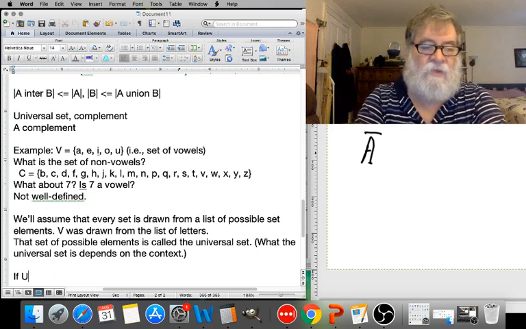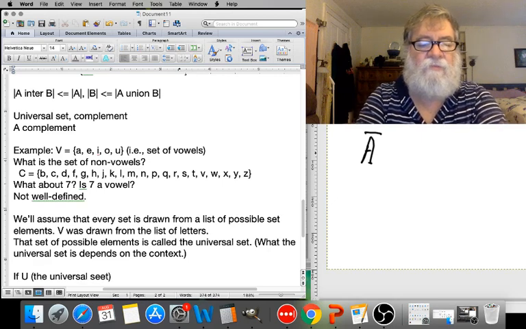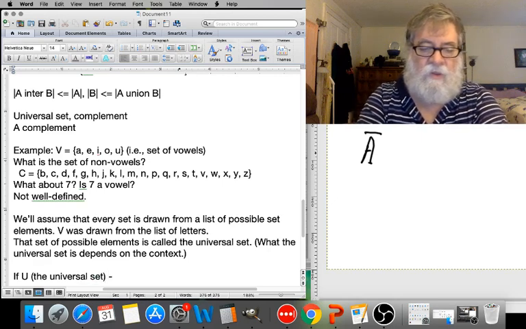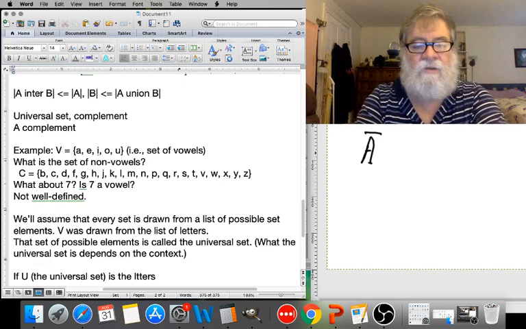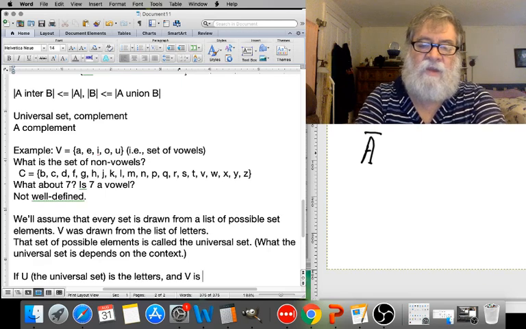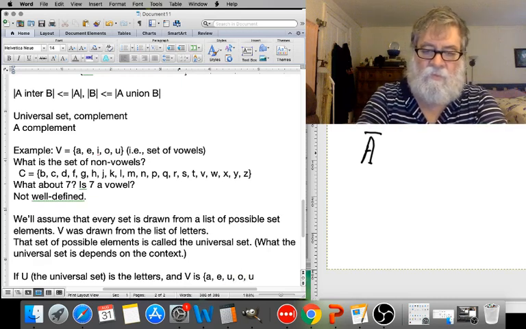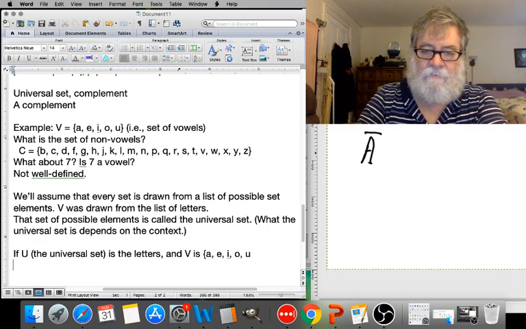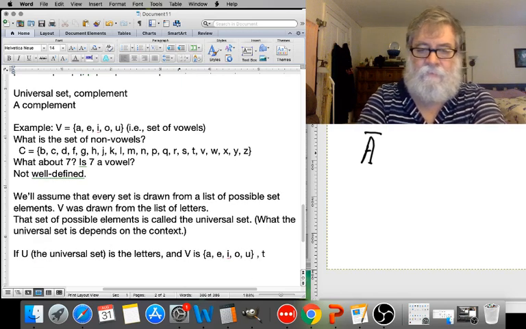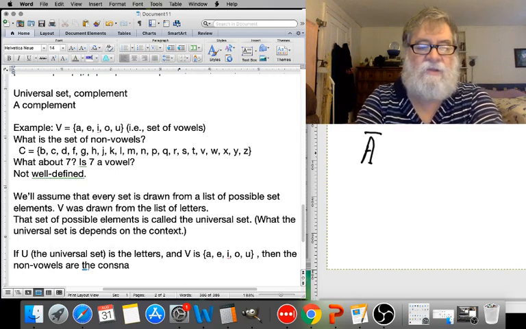So if U, which is usually standing for the universal set, is the letters, and V is A, E, I, O, U, then the non-vowels are the consonants.